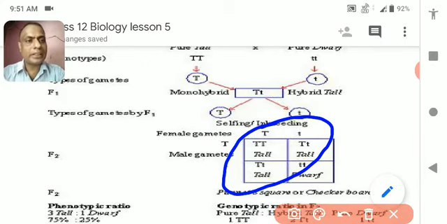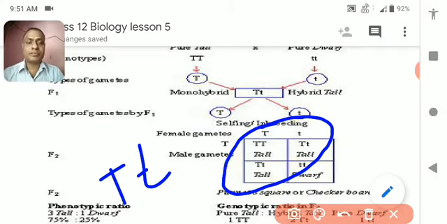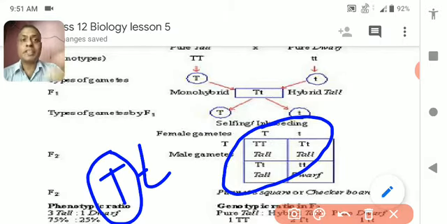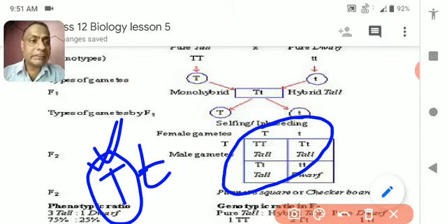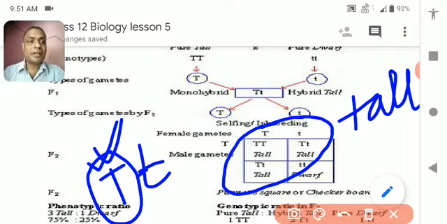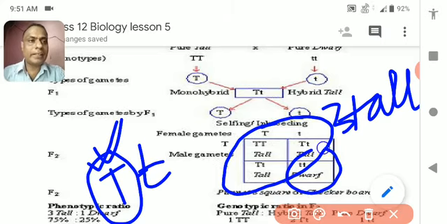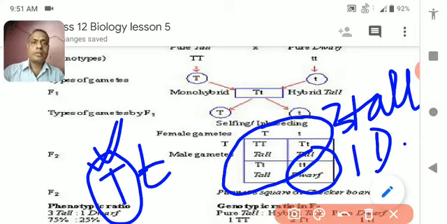The plant which contains even one single capital T will obviously be tall, because capital T itself is expressed and small t remains suppressed. So capital T is the dominant. So he saw three plants are tall phenotypically, and one plant is dwarf, and this is the phenotypic ratio 3:1.